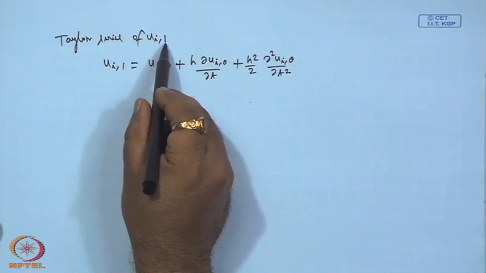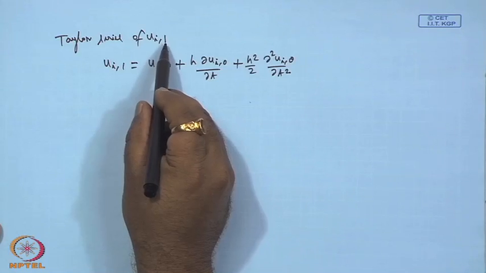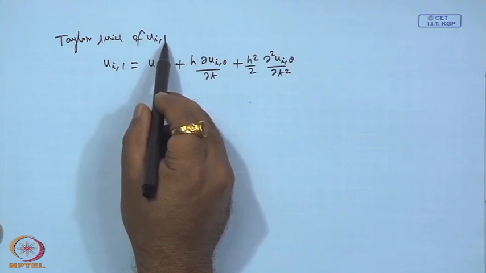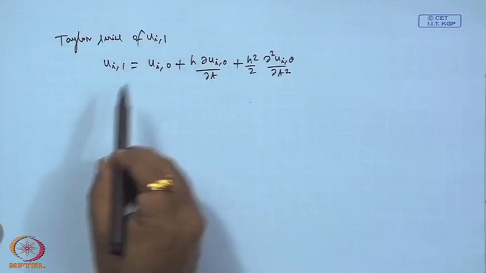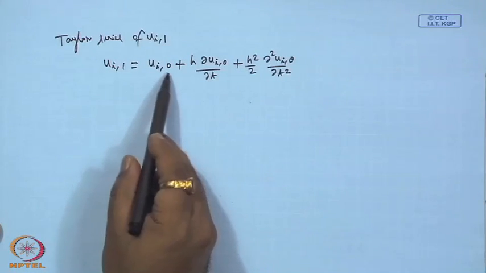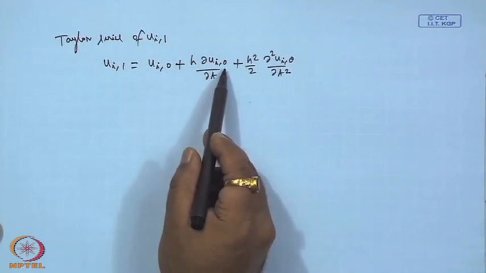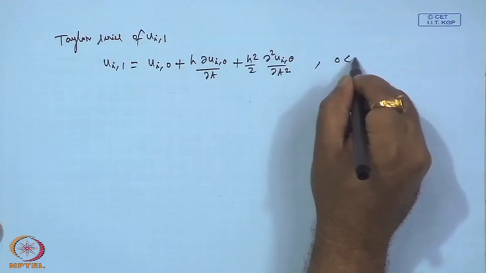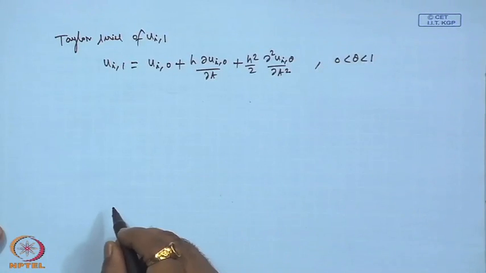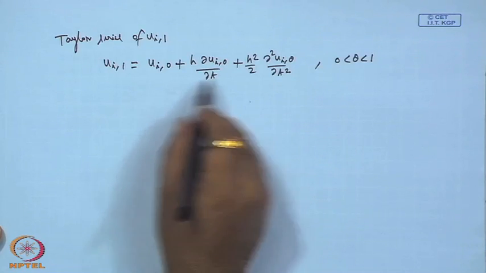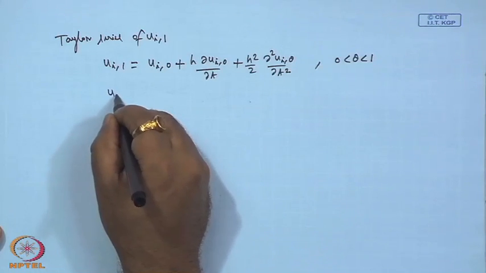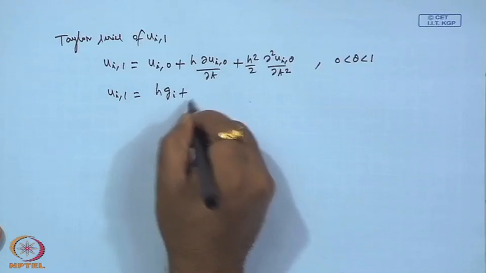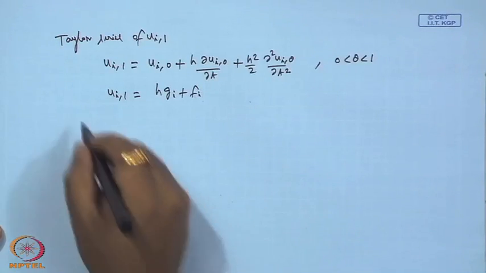So, this 1 means j equals to 1. So, that is t j, okay. So, 1 means first increment. So, therefore, that is expanded with respect to t 0, okay. So, where this is the error term, okay. So, from this and we have h g I plus f I.